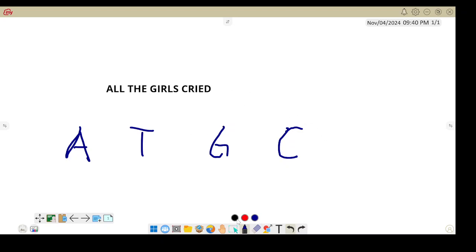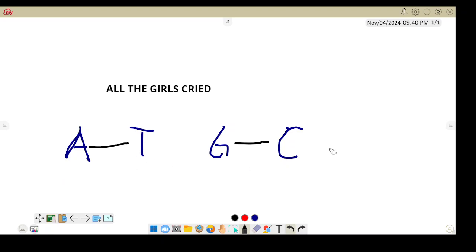A is adenine, this is thymine, guanine, and cytosine. So adenine pairs with thymine, and then guanine pairs with cytosine. So can you surely forget? I'm positive you wouldn't. All the girls cried.